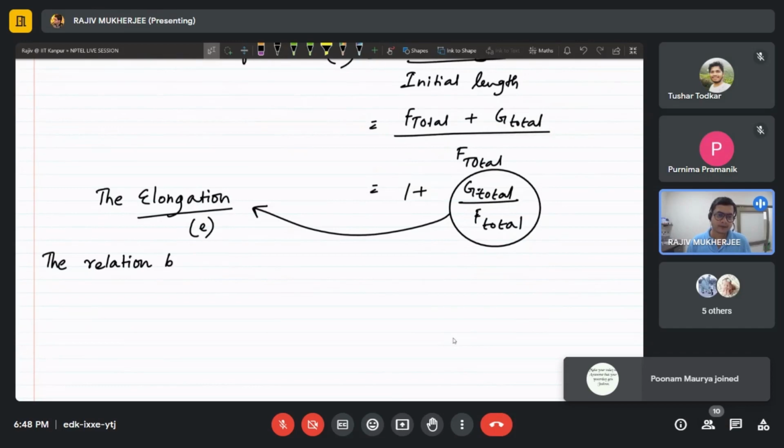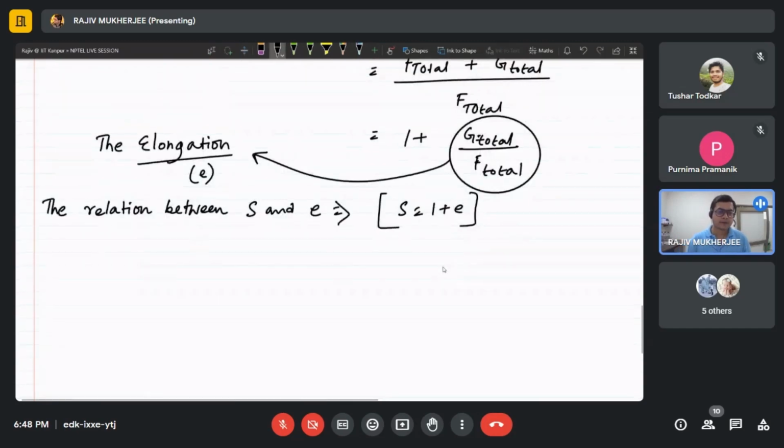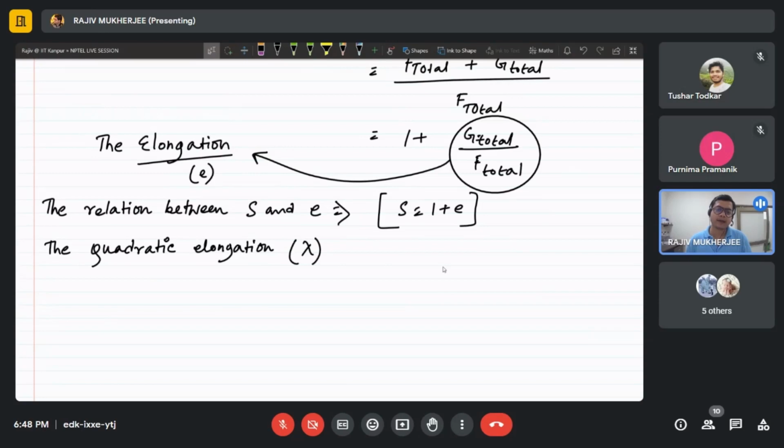The relation between S and E therefore is S is equal to 1 plus E. Okay, so this is a mathematical relation, and from that, once we have this S or the amount of stretch, we can also calculate the quadratic elongation. Quadratic elongation is denoted by lambda, which is simply the square of the stretch amount.